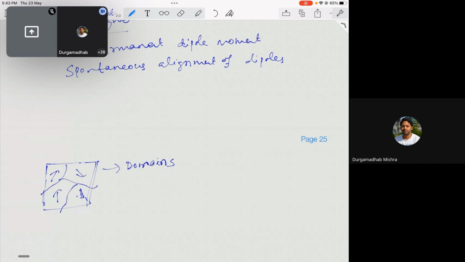When you look at just one domain, within it you have many tiny dipole moments which are all pointing in the same direction, and this is what we represent by this big arrow. All the small dipole moments, which are atomic in origin or due to spins, will point in the same direction within this region. So that is your domain.